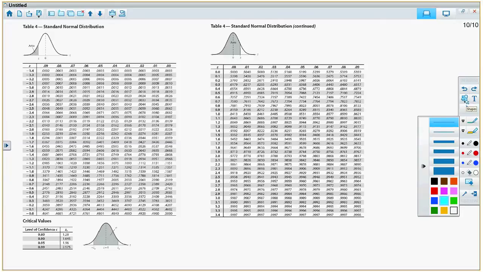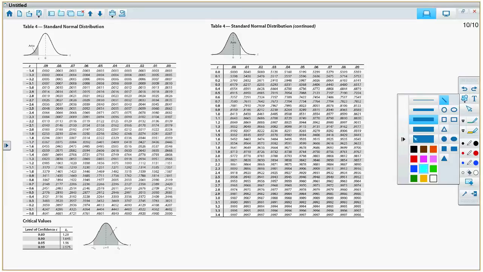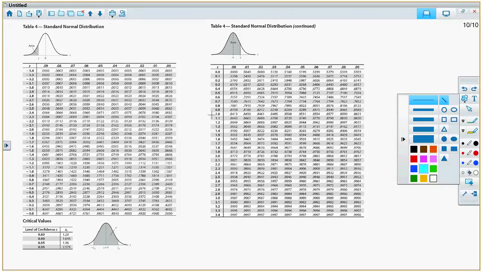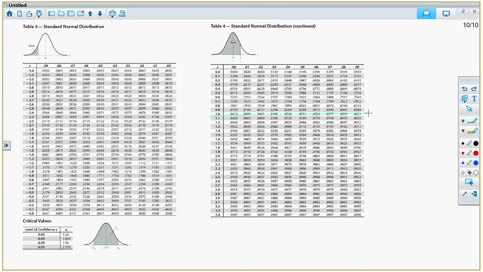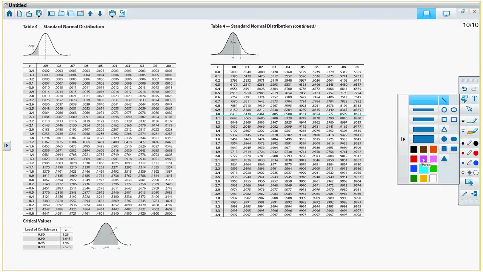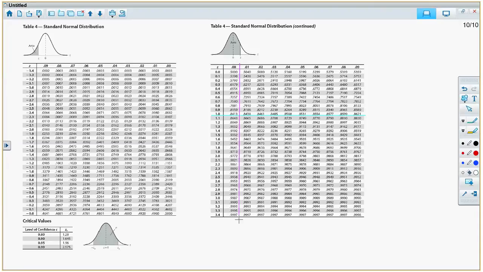Go to 1.0 and highlight that line. Then I'm going to take another color, magenta. And 1.0 plus 0 is 1.00, right? So where do they intersect? At 0.8413. 0.8413 is your area.